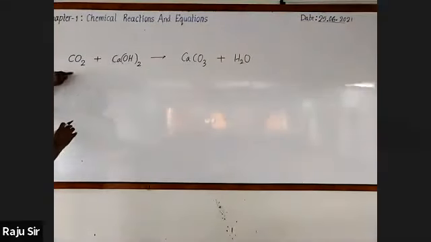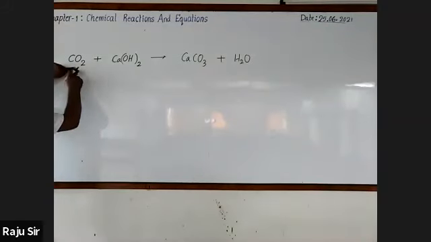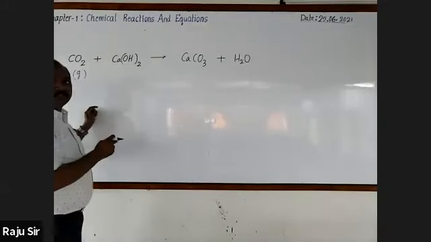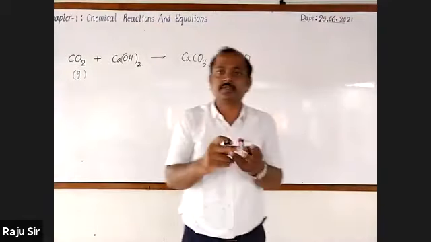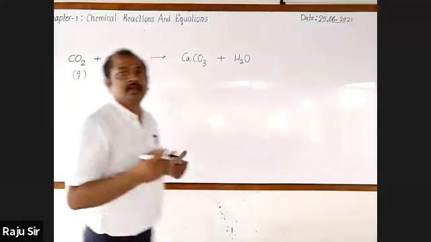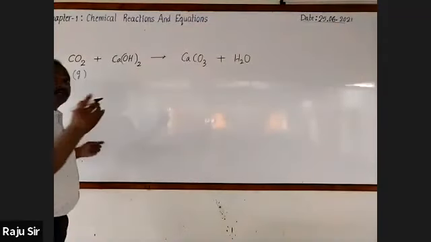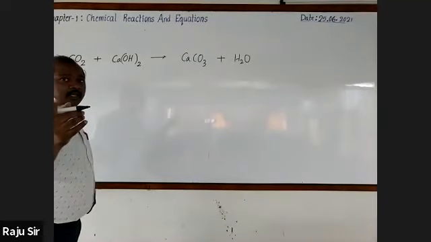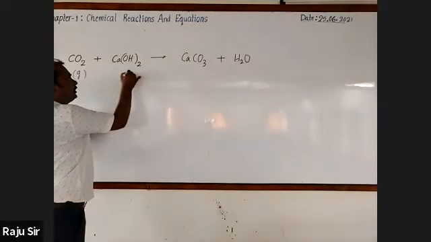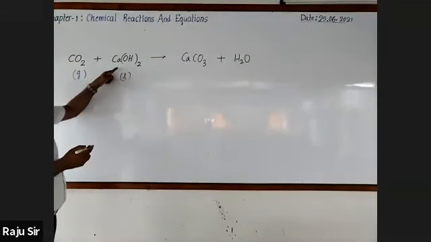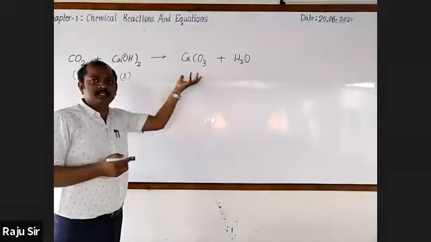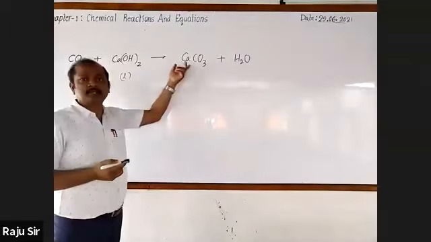Observe. Here, carbon dioxide is a gas, right? And this gas is passed into an aqueous solution. An aqueous solution is in which state: solid, liquid, or gaseous? Any aqueous solution will be in liquid form, right? When gas is passed into the aqueous solution, we get a precipitate, a white precipitate of calcium carbonate.